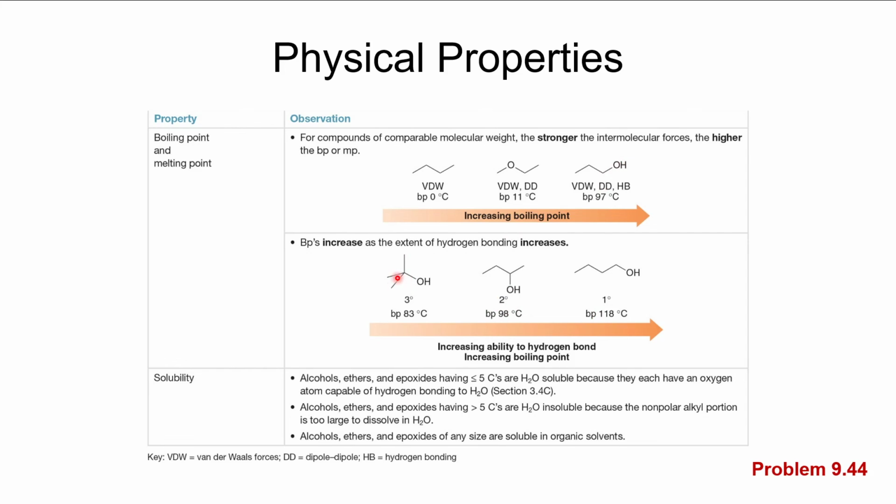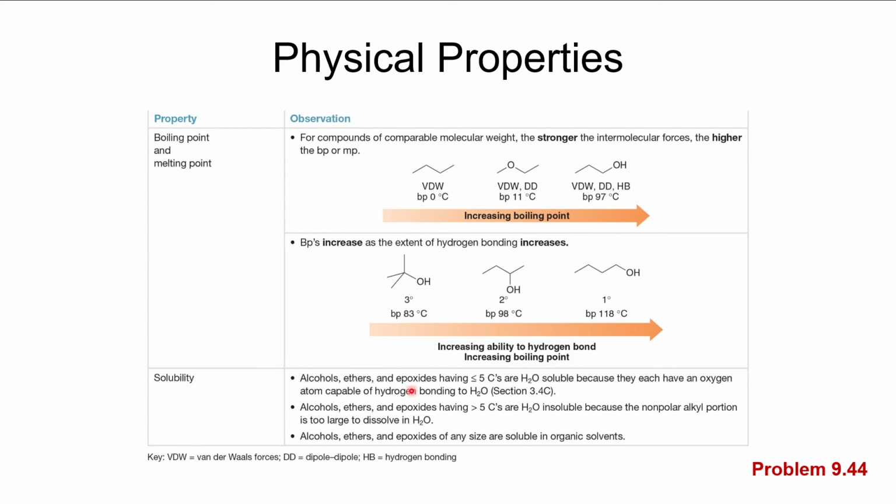We've got tert-butanol, sec-butanol, and then 1-butanol, or n-butanol if you want to call it that. You'll see that the tert-butanol, with more steric hindrance, has the lowest boiling point. The sec-butanol, with a little bit less steric hindrance, has a higher boiling point. And the 1-butanol, with the least steric hindrance, has the highest boiling point.